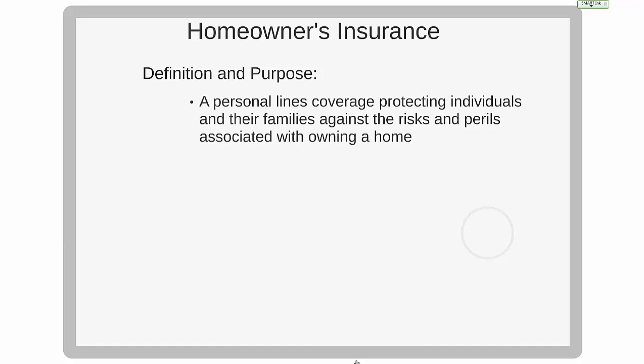Let's first look at the definition and purpose of homeowners insurance. Homeowners insurance is a personal lines coverage protecting individuals and their families against the risks and perils associated with owning a home. Homeowners insurance policies are package policies.